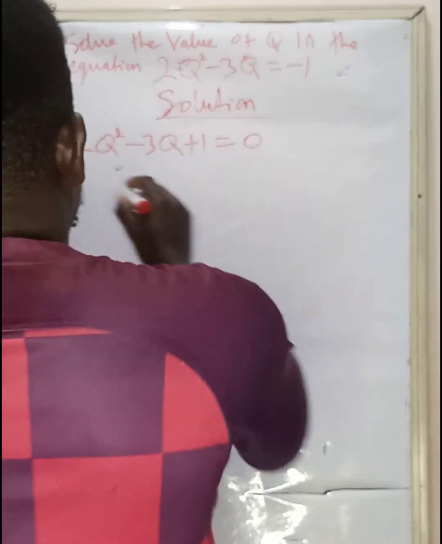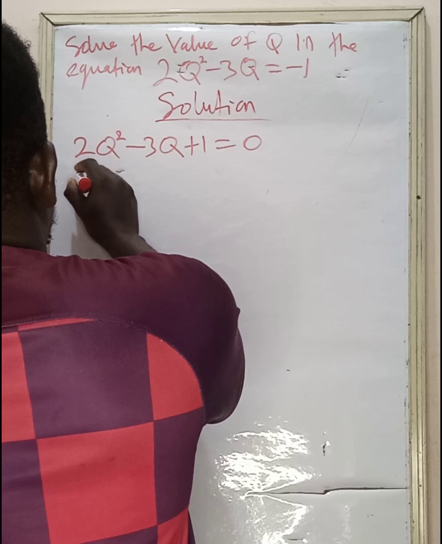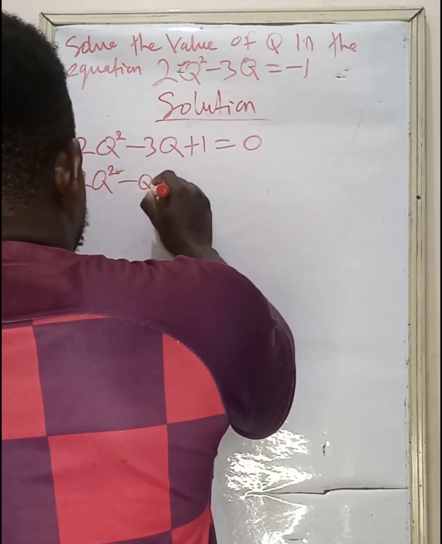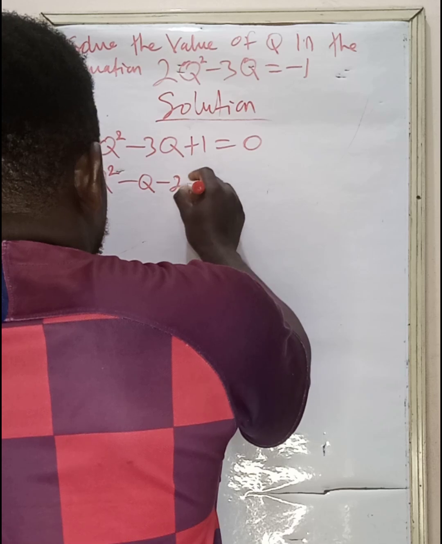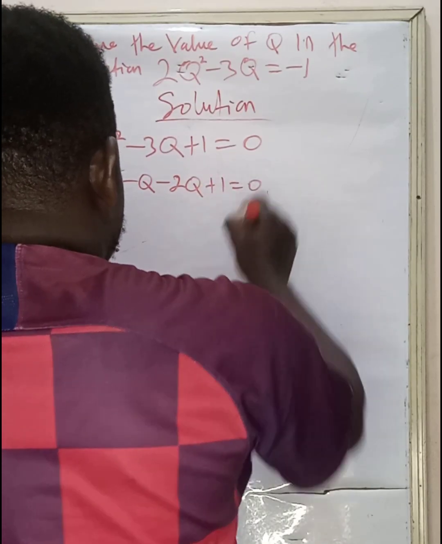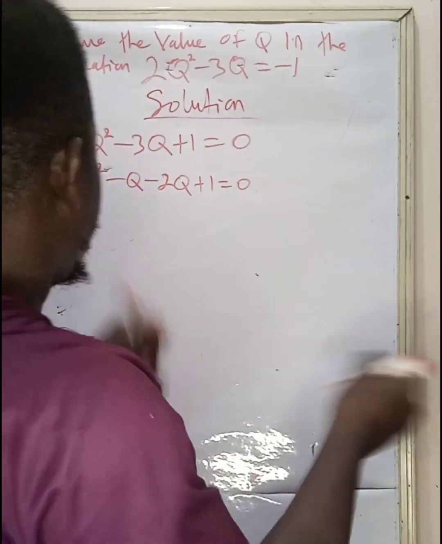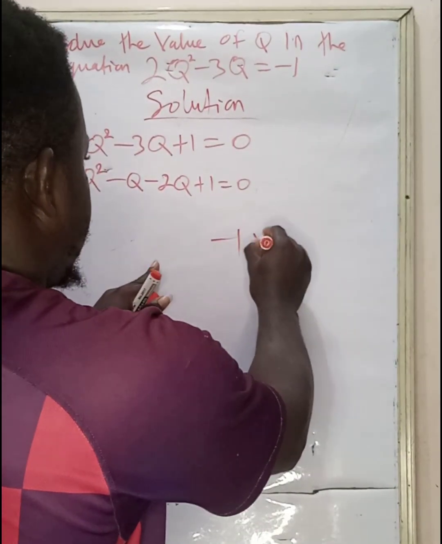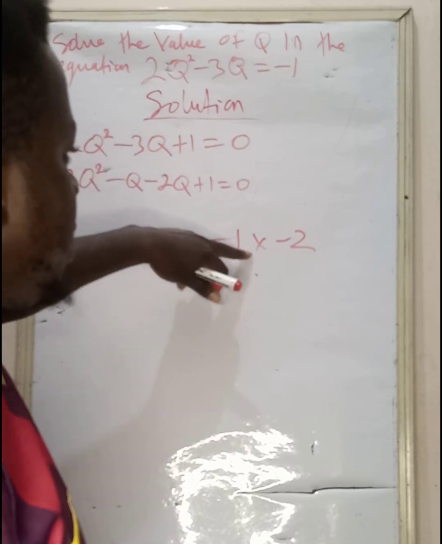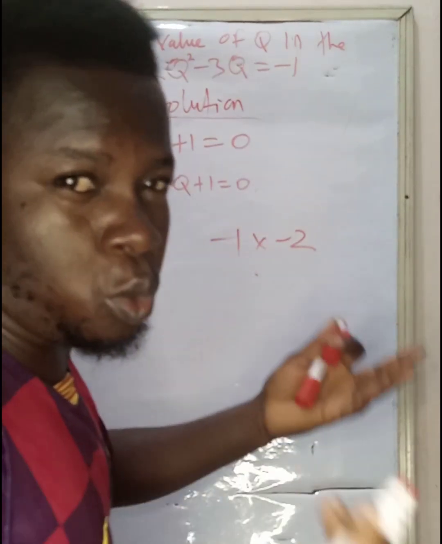I will make use of 2q squared minus q minus 2q plus 1 is equal to 0. Do you know what I did here? This is minus 1 times minus 2 will give you 3. So I just replace minus 3q.